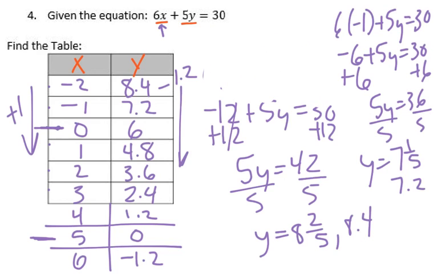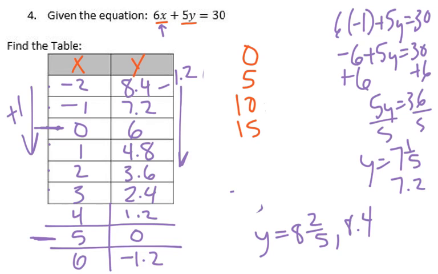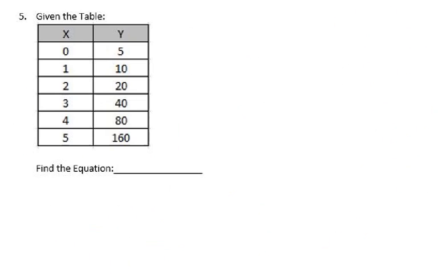Looks like if I counted by fives, we might have had nicer looking numbers. Okay, so if I would have went 0, 5, 10, 15, that might have turned out to give us nicer looking numbers. Okay, but there we go. Table, equation to a table, just like that.